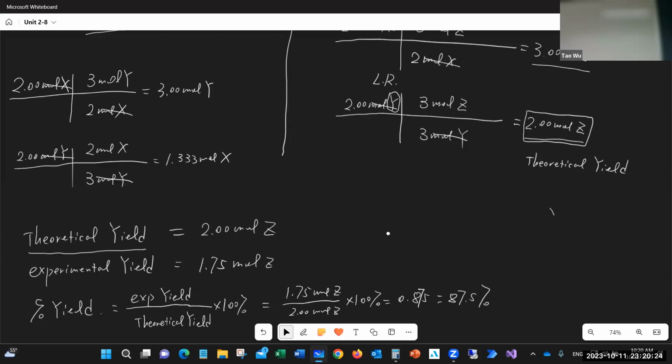So coefficient, and you try to cancel most of the option, and you try to figure out the most of the element. You're using the ratio 3 and the ratio 2.